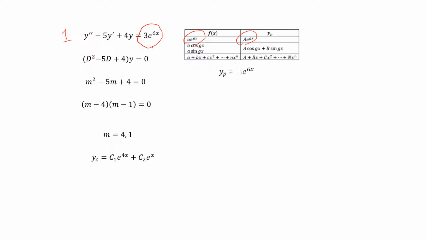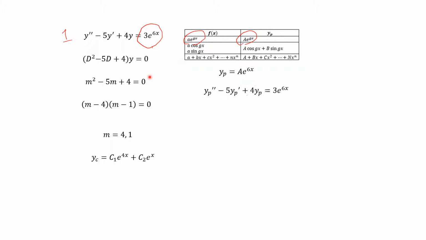That's why you have a particular solution, y_p equals a e to the 6x. Now the next step is you have to compare. Is there any similarity between y_p and y_c? This is c1 e to the 4x and c2 e to the x. This is a e to the 6x, so nothing similar, so you can proceed.